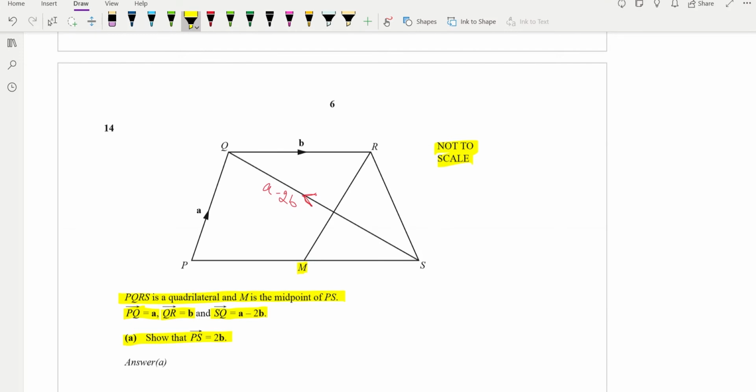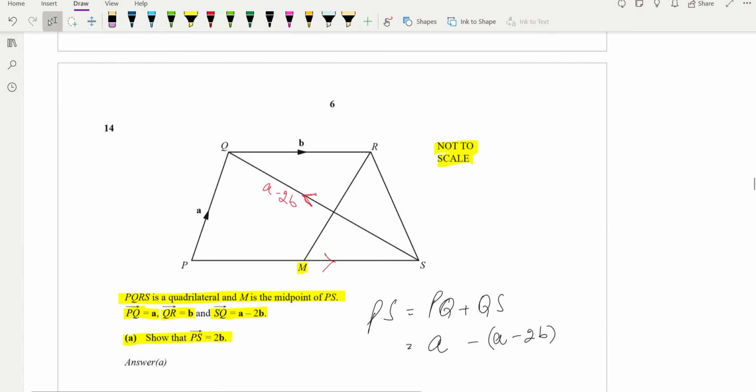Now we can write PS is equal to PQ plus QS, and PQ is basically a, plus QS will be in the minus direction, so it will be minus (a minus 2b), and we put this in brackets.